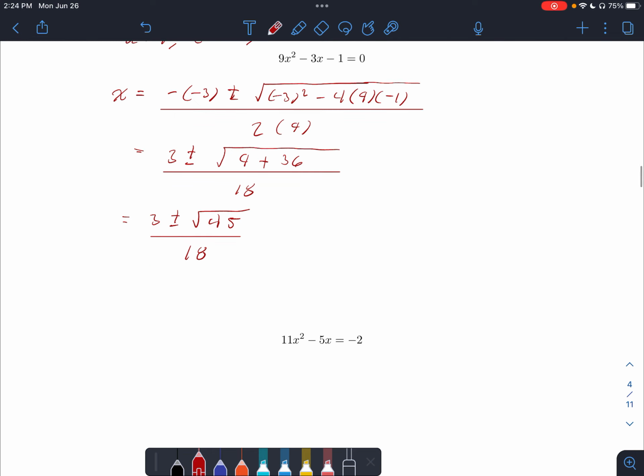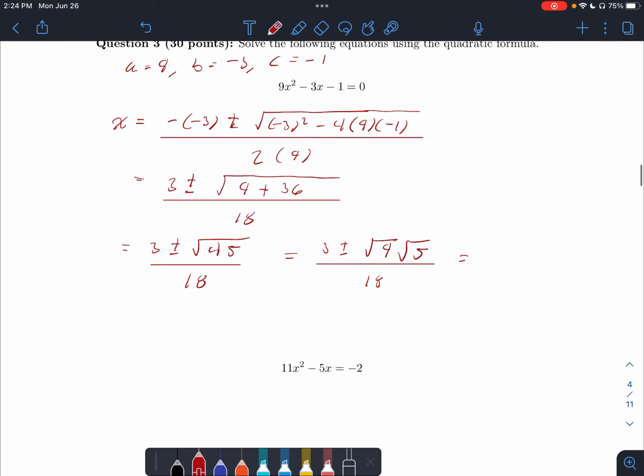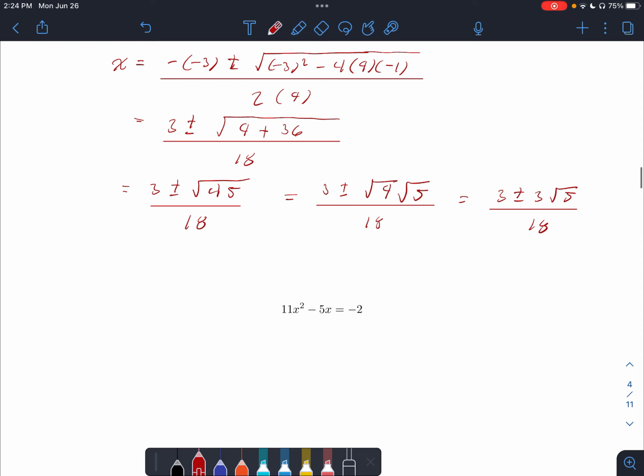Okay. And we can rewrite the square root of 45 as 3 plus or minus square root of 9 times the square root of 5 all over 18. Or we have 3 plus or minus 3 times the square root of 5 all over 18. Or this would really simplify.